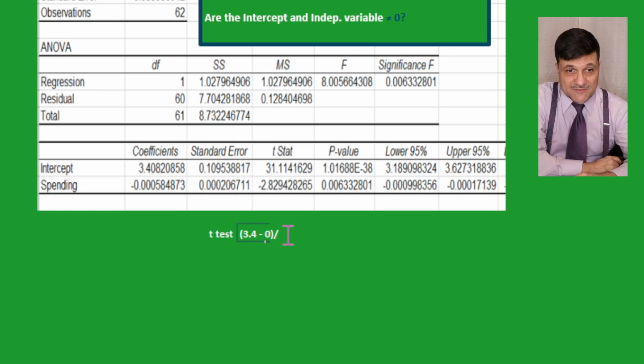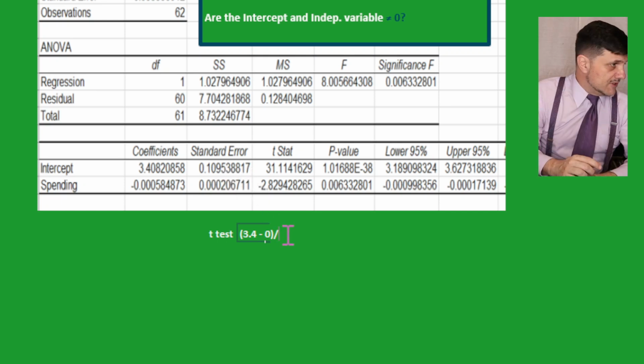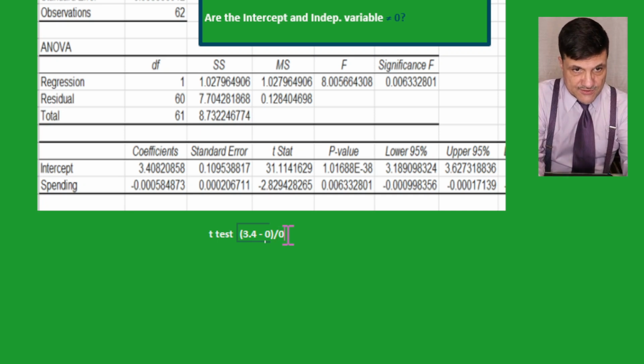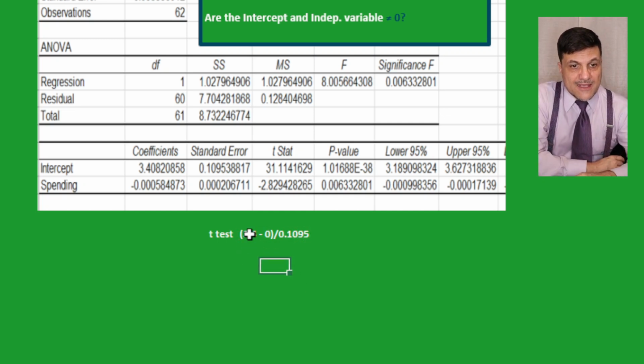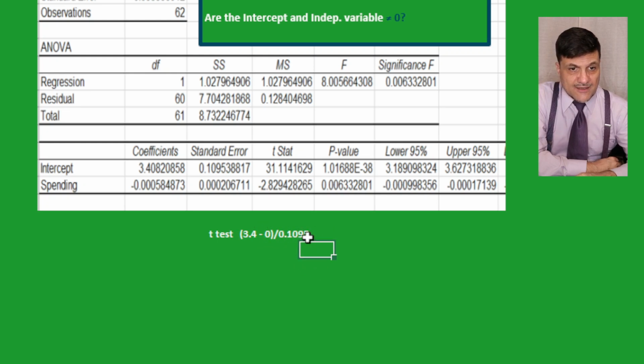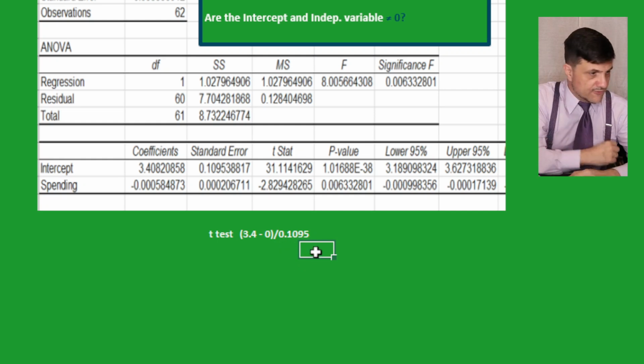You see that number? That's the standard error. I'm going to round it to 0.1095. Great. There we go. That's my t-statistic. And if this number is higher than the critical value, I will reject the hypothesis, right? The answer here is 31.14.